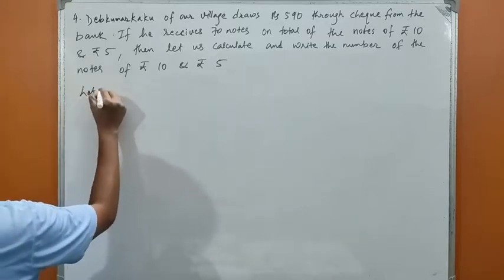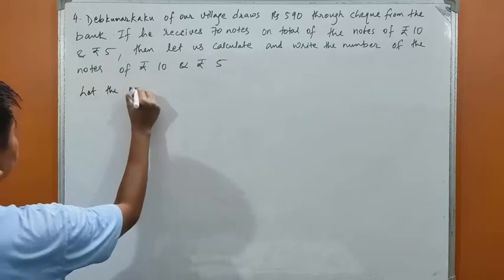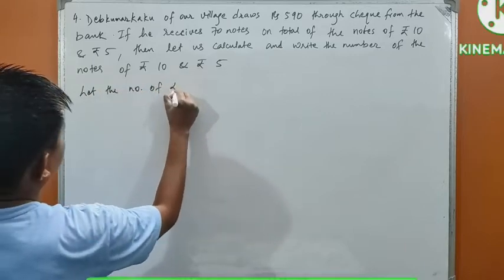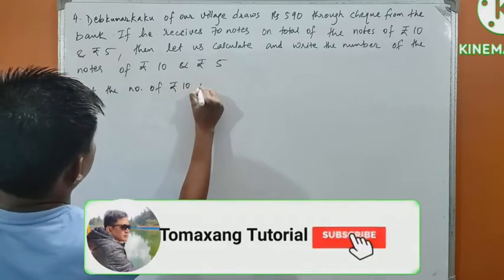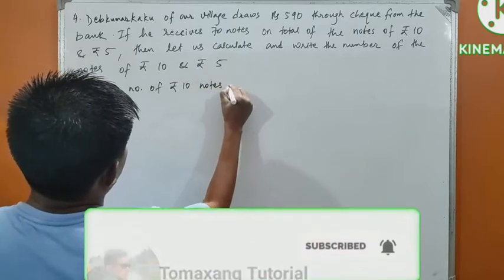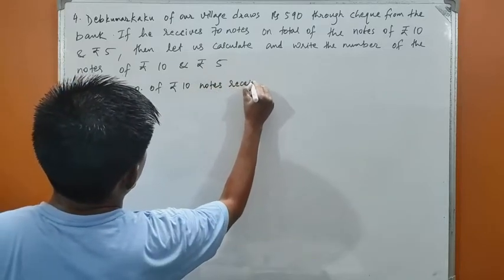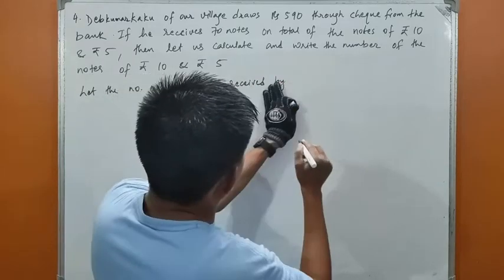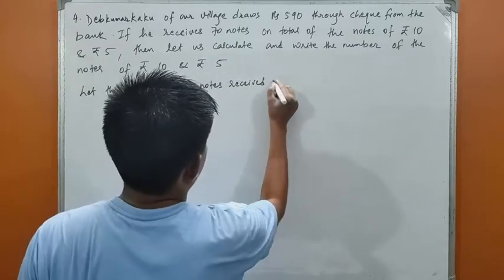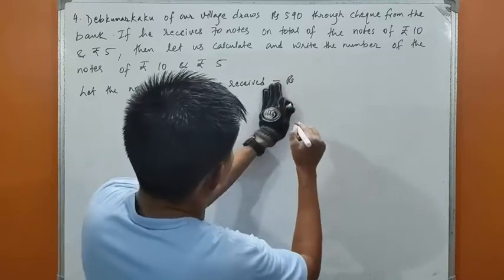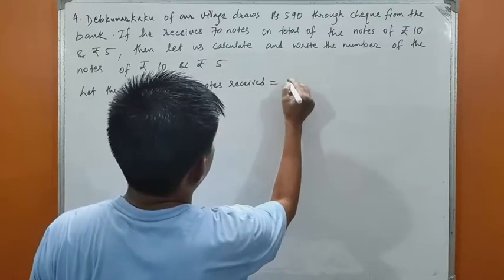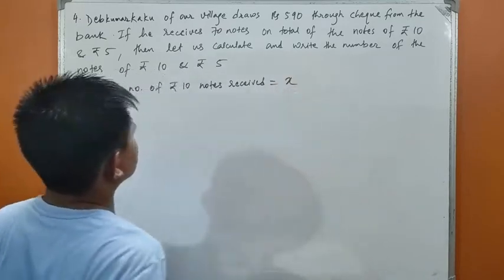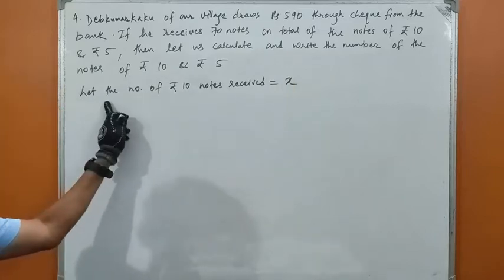Let the number of rupees 10 notes received by Dev Kumar be equal to x. I don't write Dev Kumar, it takes a lot of time.